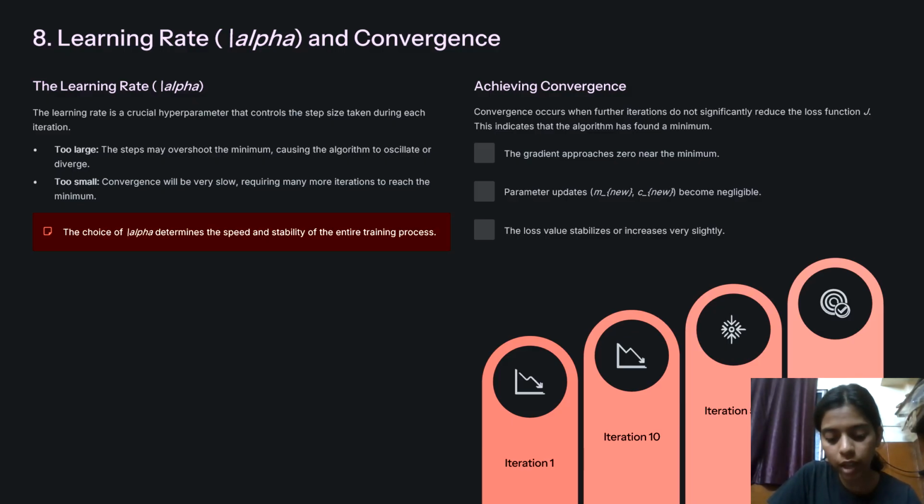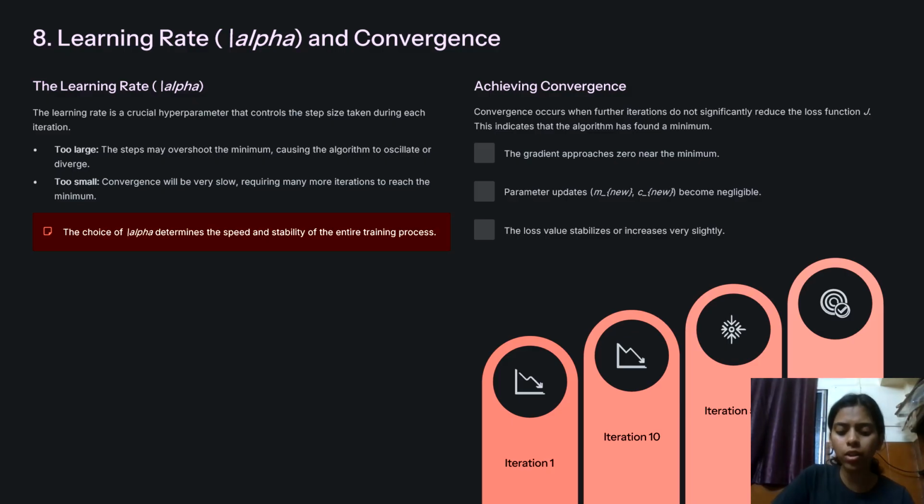Taking huge steps, we might skip over the minimum and the algorithm could start oscillating or diverging. But if we take tiny steps, we will reach the minimum eventually, but it will take forever. So the learning rate must be carefully tuned, just right, to ensure steady and stable convergence.